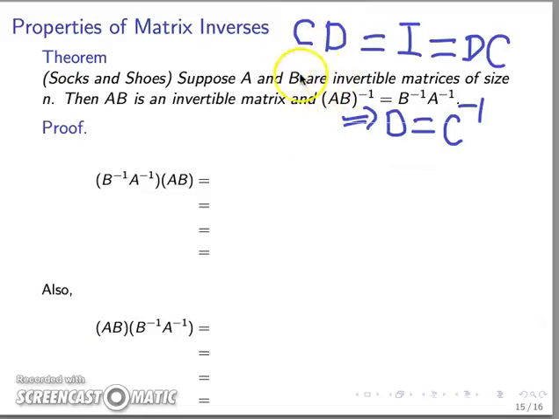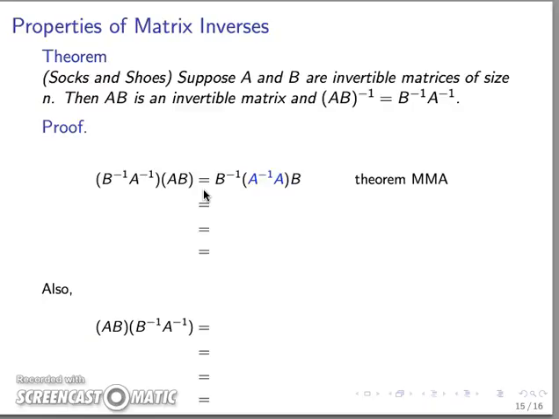And if so, then we have a candidate, right? So we're assuming that A inverse exists and B inverse exists, and let's now check the matrix B inverse A inverse, which is the candidate to be the inverse of the product. Let's check what happens if we multiply that matrix times the product AB. We can use the associativity property. Matrix multiplication is not commutative, but it is associative.